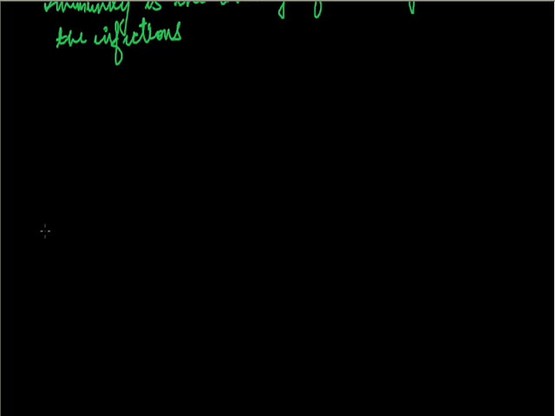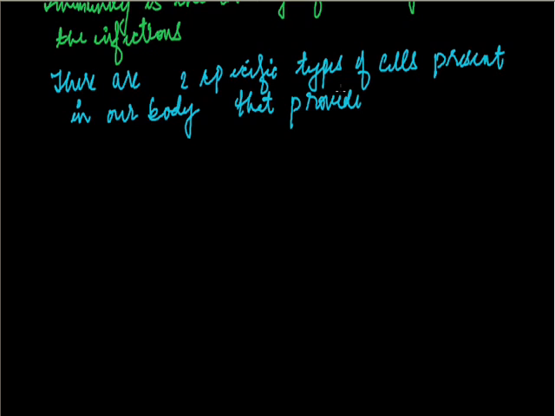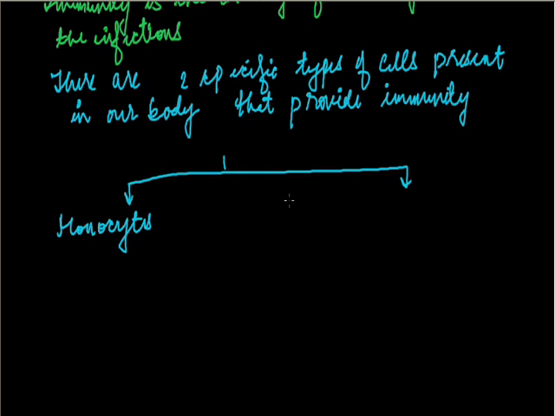There are two specific types of cells present in the body that provide immunity: the monocytes and the lymphocytes.